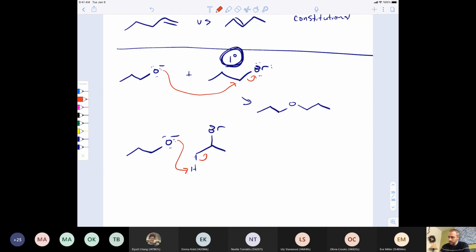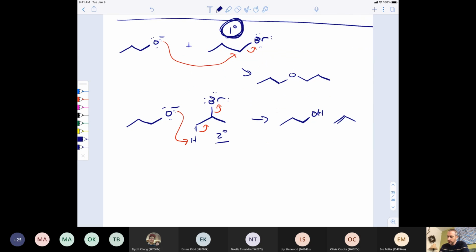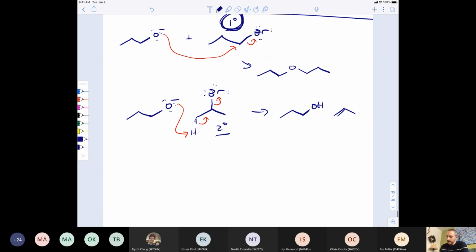And this is something you would have remembered back from chapter 6. We're not changing any rules here. So secondaries don't really work. Tertiaries, for the same reason, also don't work. You don't have a chance of getting an SN2 with a tertiary.